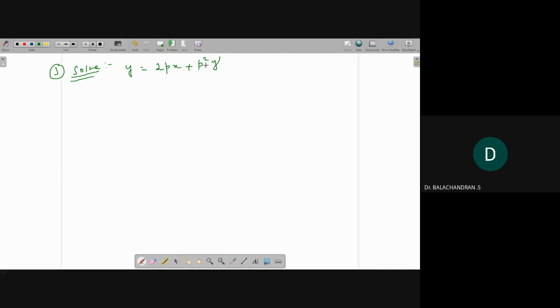Here I think it is difficult to solve this problem for p, and we have y in 2 places, so it is better to solve this problem for x.